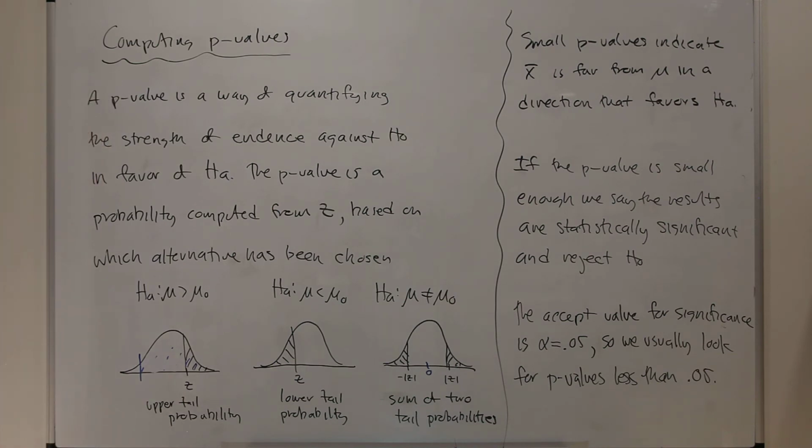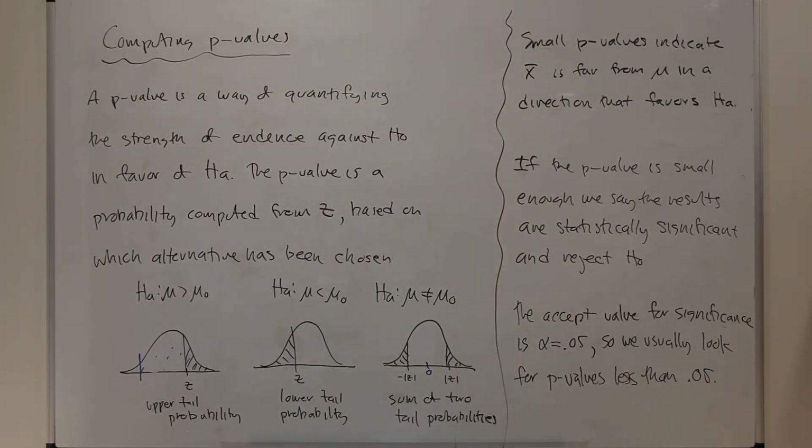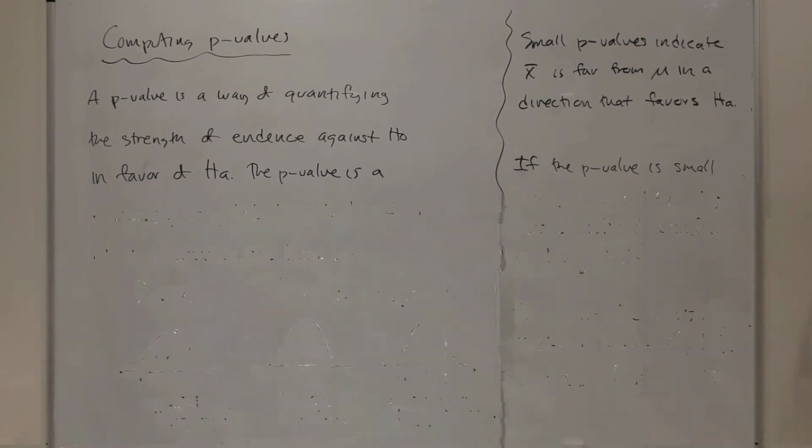So that's a unified way of talking about strength of evidence. It quantifies how far Z is away from 0. The further Z is away from 0 in the direction you care about, the smaller that probability will be. And we'll see how small we need in a minute. So small p-values indicate x bar is far from you in a direction that favors HA.